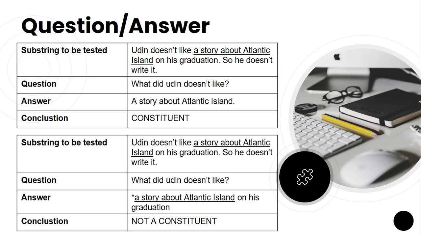This is a constituent because a story about Atlantic Island here is a set of words that can stand alone in answering a question. And this answer matches what was asked. From this sentence, we can also have a question like, why doesn't Udin write it? So the answer must be Udin doesn't like it, or because Udin doesn't like it.